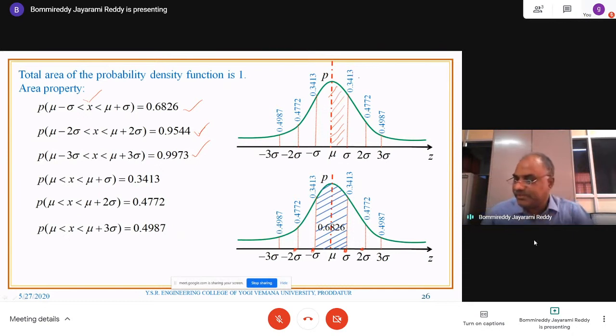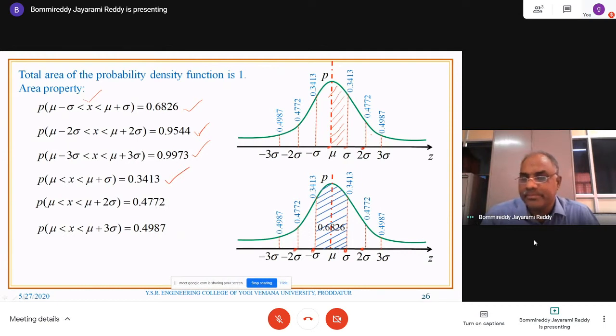So here, the probability of x being between mu and mu plus sigma, the area lying between these two, is half of the total area, half of the first one, 68.26%, which is 34.13. And similarly, from mu to 2 sigma, it is 0.4772, half of this.